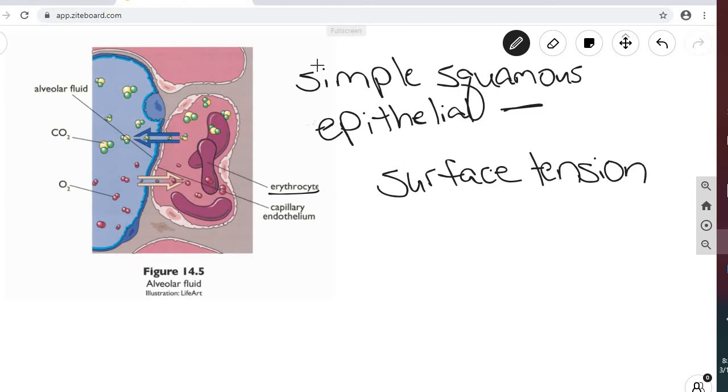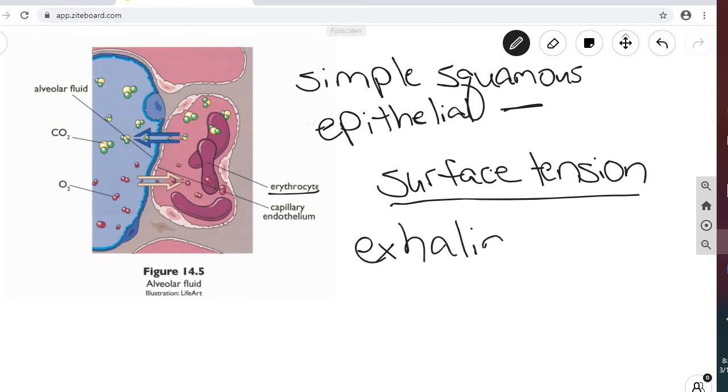But as long as there's enough force, like with inspiration, for example, the alveoli will expand, but as soon as you decrease that force, the surface tension on the water will bring the alveoli back together, and so that also helps with exhaling or expiration.